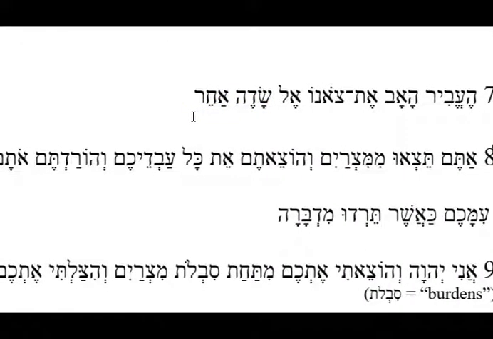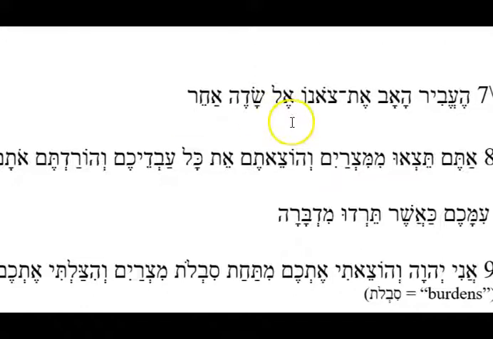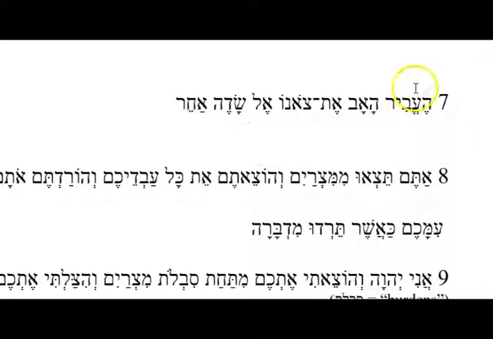Okay, so what's going on here? Ha'evir, this is our verb, as is normally the case at the beginning of the sentence. How are we going to parse this verb? We've got a he at the beginning, which gives us a clue that we're looking at a Hiphil verb. We've got a he at the beginning, but not a hirik like we would expect with a normal Hiphil verb.